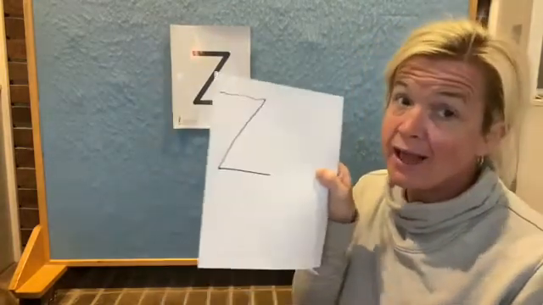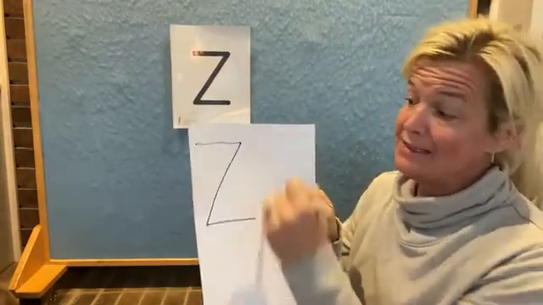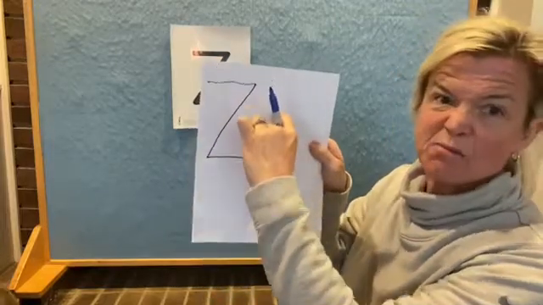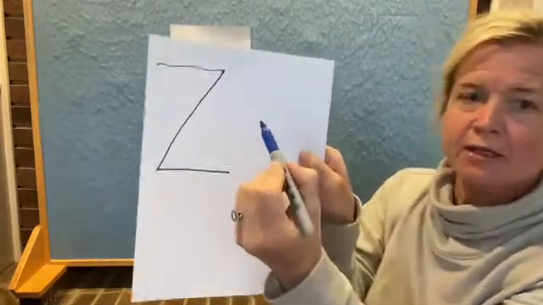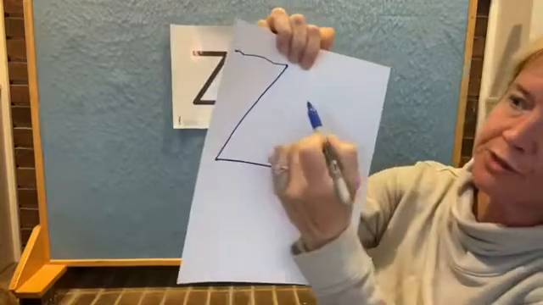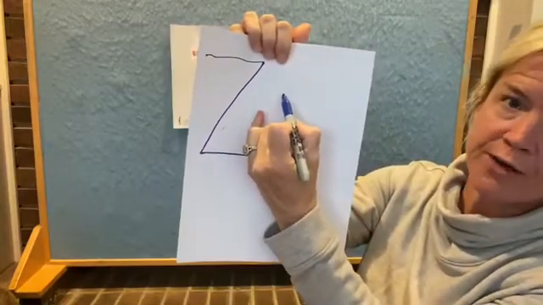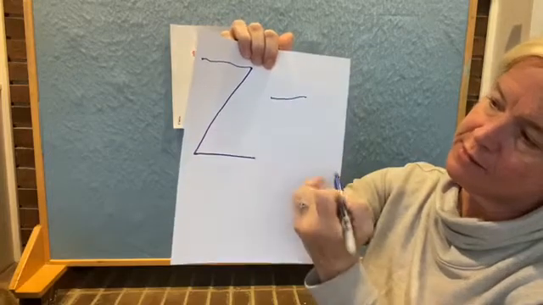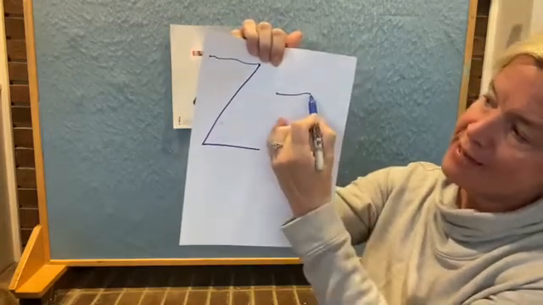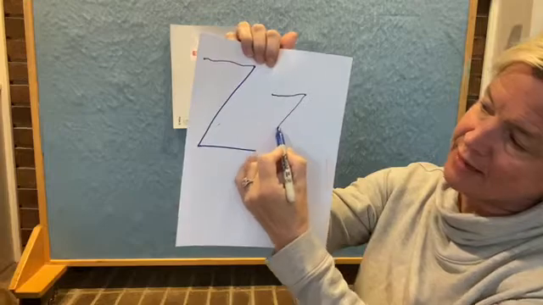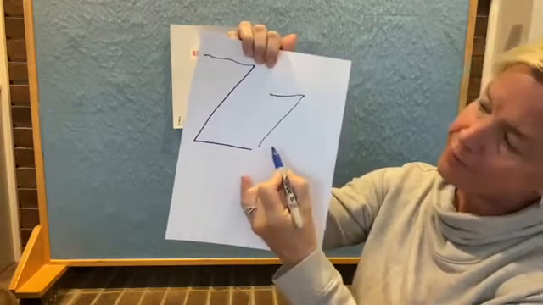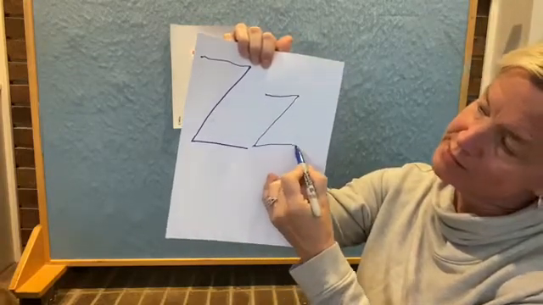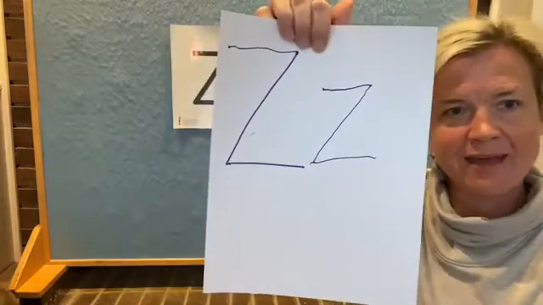Now to make a lowercase z, we're going to make the exact same thing. We're just gonna shrink it down, okay? So I'm gonna see if I can hold this closer to you. Remember, we're gonna start over here, go across, right? Then we'll make that diagonal or slant line, and then we'll come across, just like that.